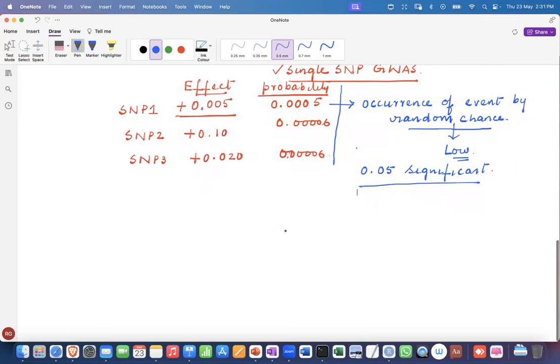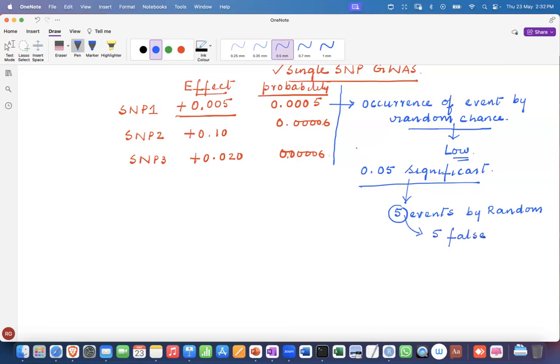Now, what is more important is that the moment you take 0.05 as your cutoff value, you mean that you are allowing 5 events to occur by random chance. That's what it is. 5 events to occur by random chance means there are 5 false positives. Yes or no?